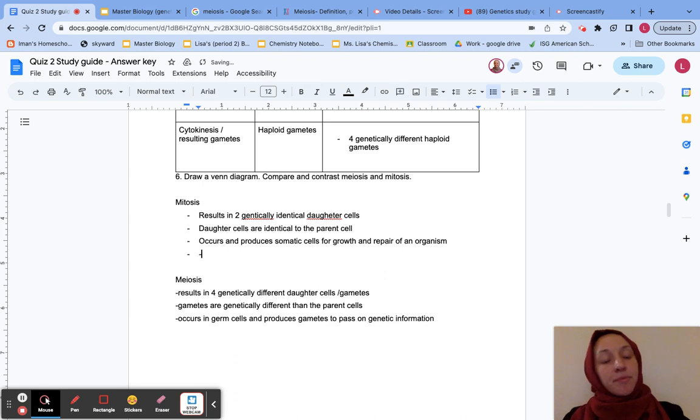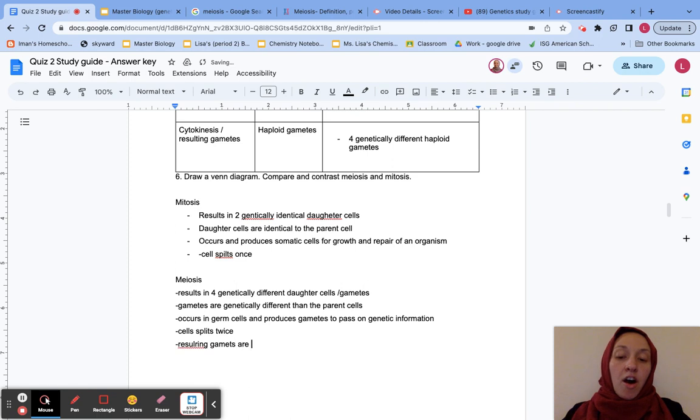In mitosis, our cell only goes through one splitting, okay? Whereas in meiosis, our cell splits twice. Because we are splitting our cell twice, our resulting gametes are haploid.